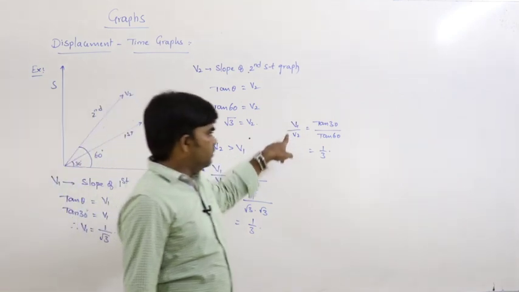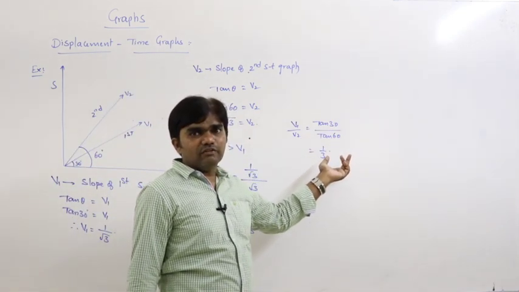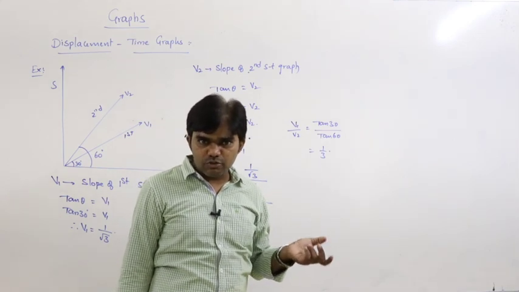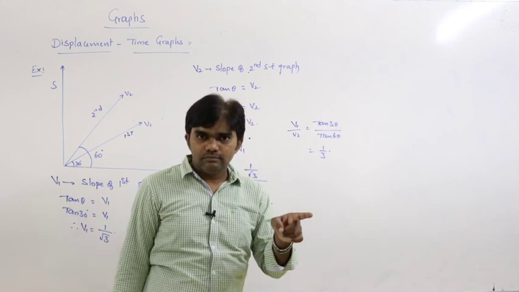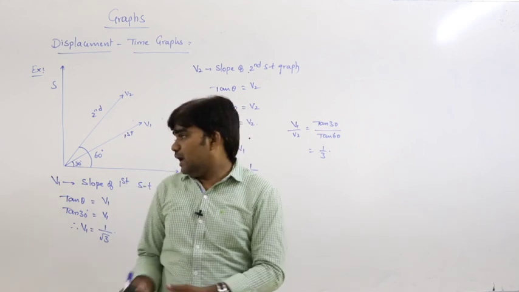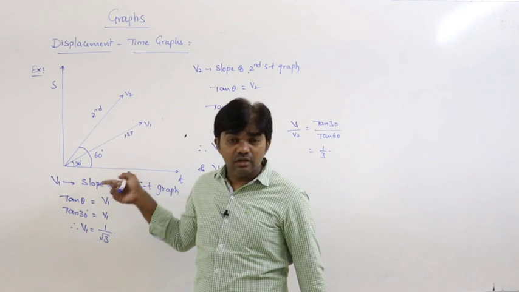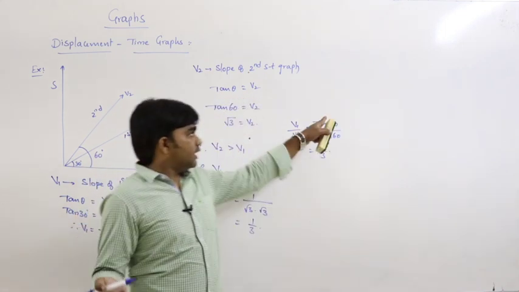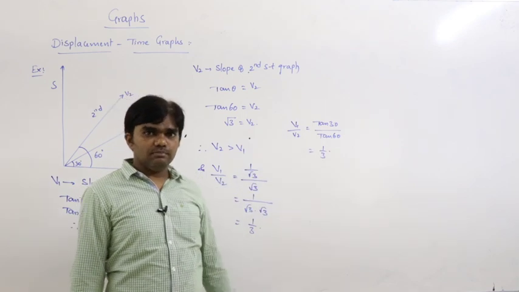V1 by V2 is equal to tan theta 1 by tan theta 2, because the slope of a displacement time graph gives velocity. If the angle is mentioned, how can you calculate the slope? Tan theta. That's simple.